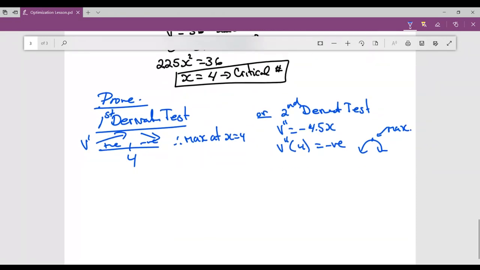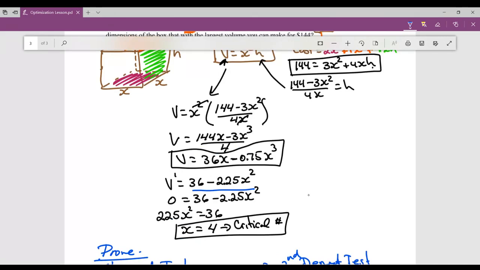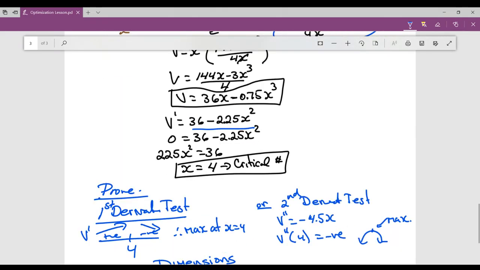Okay, so the dimensions. x is equal to 4. How do we find h? Again, using that 144 minus 3x squared over 4x.